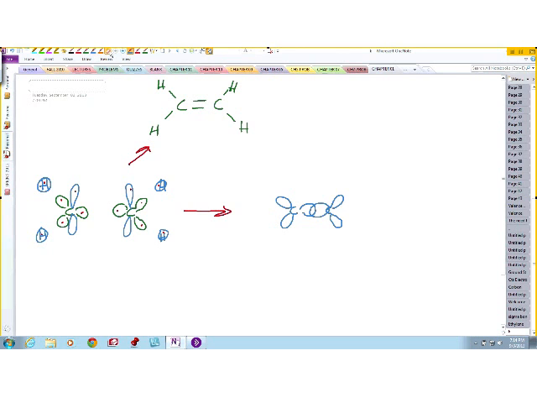For consistency, let me take this off. I don't want to confuse you. So we have this carbon with sp2, and this other carbon also with sp2. They overlap. Then you have the sp2 orbital of carbon here, another sp2 orbital of carbon here, and so now you have overlap.